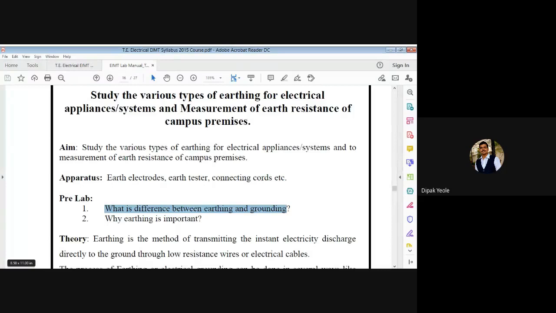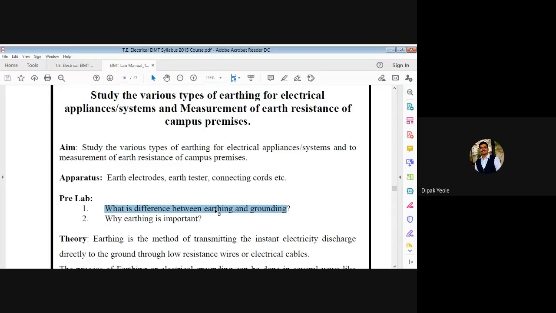We are interested in the difference between earthing and grounding, and after that in the types of earthing. One can say that in US culture you say earthing as a word, and in UK culture you say grounding.